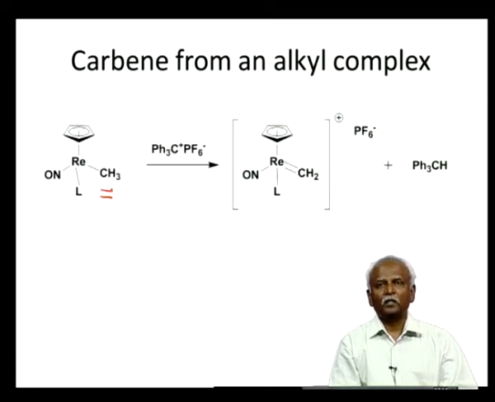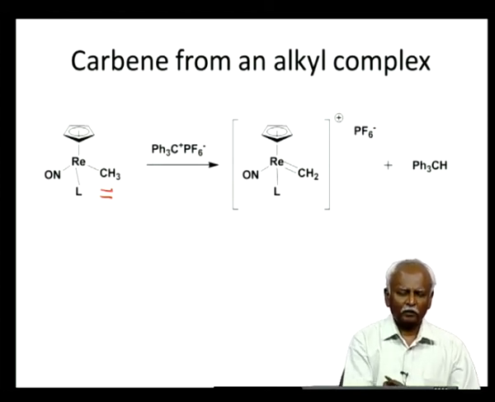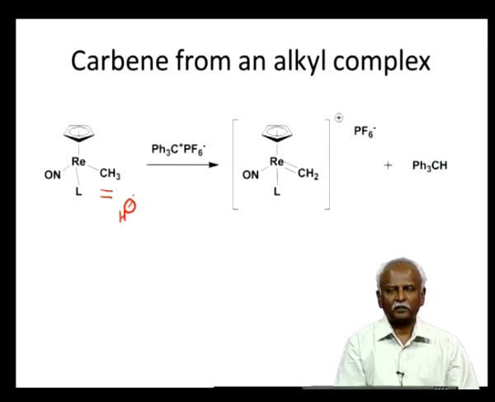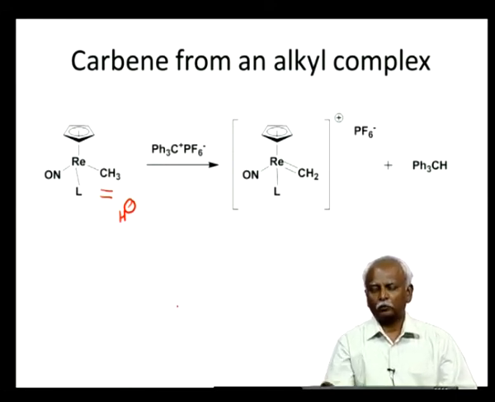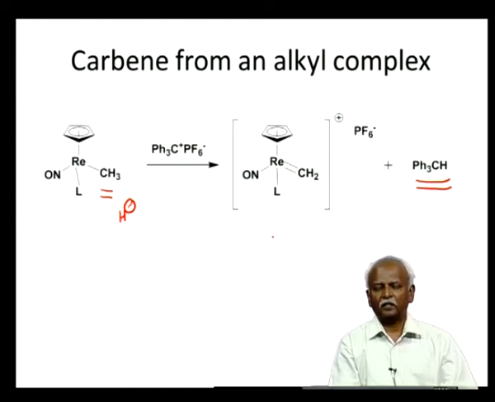So, if I use a molecule which can remove a proton, as in this case we have used trityl cation, and trityl cation is an excellent species for removing H minus species. So, here we are removing H minus. H minus is removed from the CH3, and it reacts with Ph3C plus in order to generate Ph3CH, and you end up with a positively charged rhenium atom which is coordinated to a CH2 group.